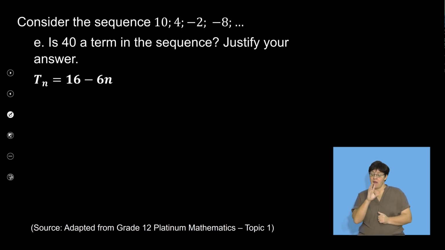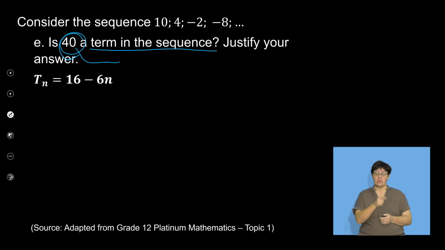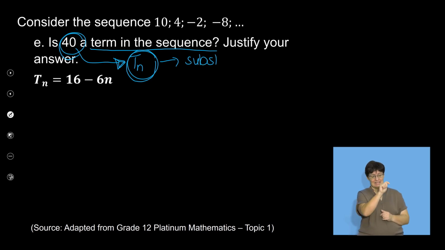We have been asked, is 40 a term in the sequence? We need to justify our answer, why it is or why it isn't. When I'm asked, is 40 a term in the actual sequence, what this is asking me is about the Tn value, because when I substitute for n, I'm substituting a number n.